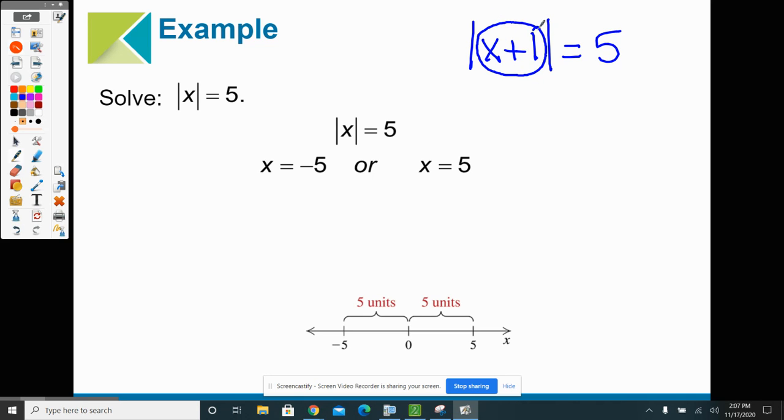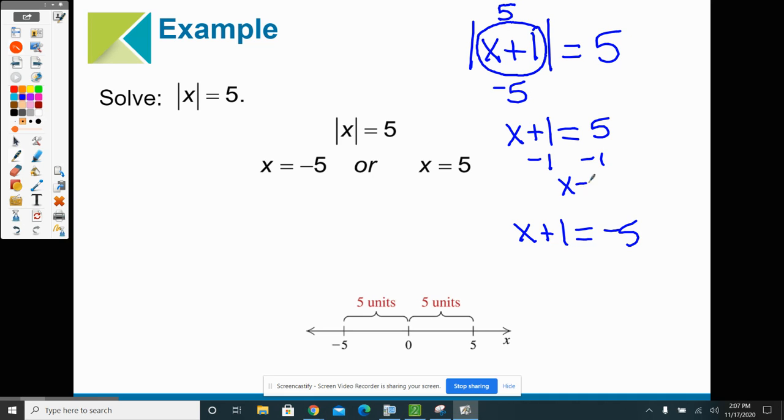Cover up the x plus 1. What could be inside the brackets that makes that true? The absolute value of 5 is 5 and the absolute value of negative 5 is 5. So x plus 1 could equal 5 or x plus 1 could equal negative 5. When you solve these, you get x equals 4 as one of the answers, and negative 6 as the other answer.